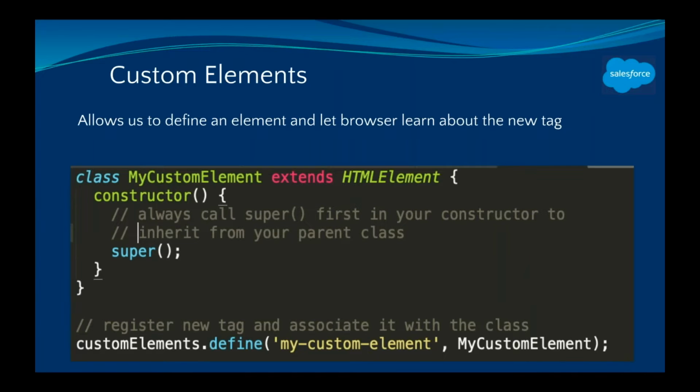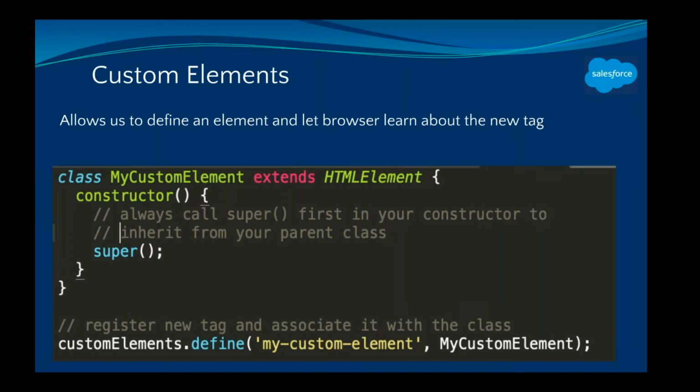In this case, I'm telling the browser that whenever I have an HTML tag with my custom element, associate it with this particular class, my custom element here. So the browser knows that my custom element is not something it should throw an error on, and that it's also part of HTML. It learns about the tag.